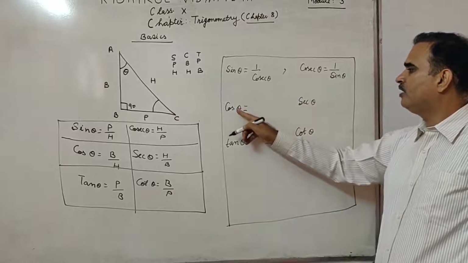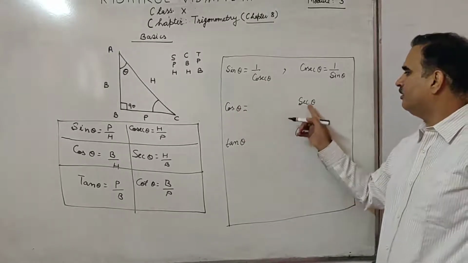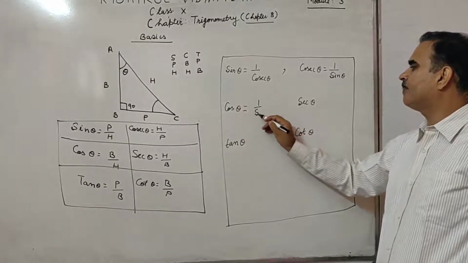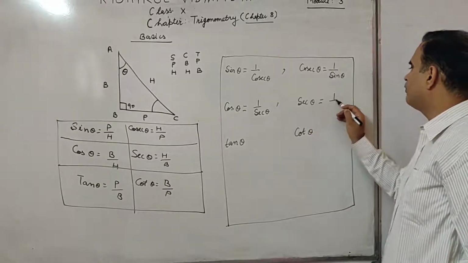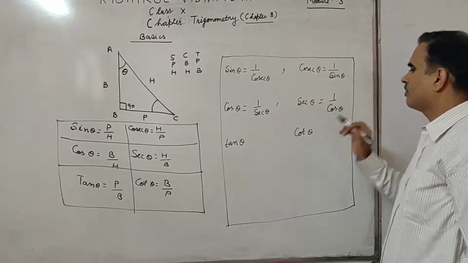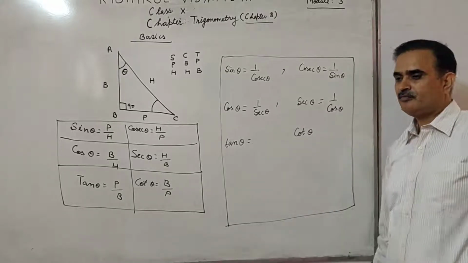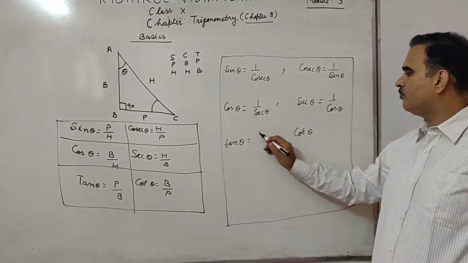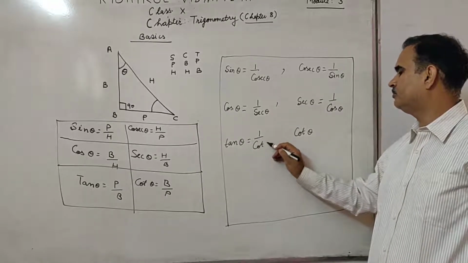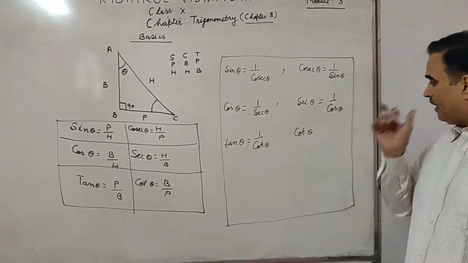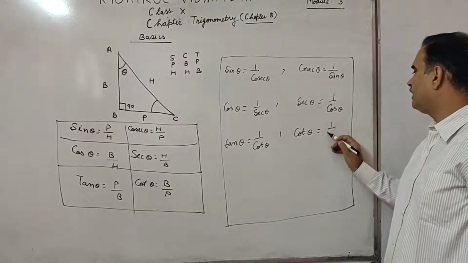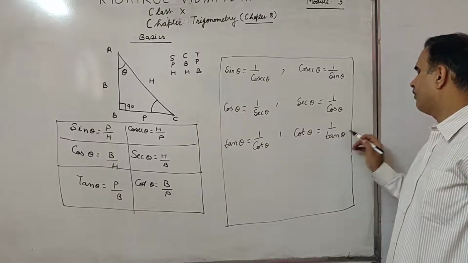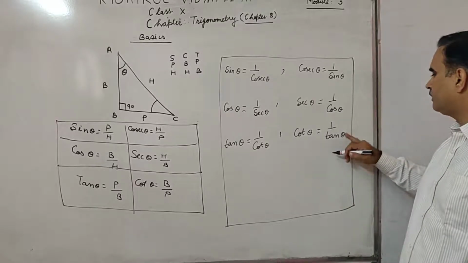In the same way, cos theta is the inverse of sec theta, and sec theta equal to 1 upon cos theta. And tan theta is the inverse of cot theta, 1 upon cot theta. And cot theta equal to 1 upon tan theta.